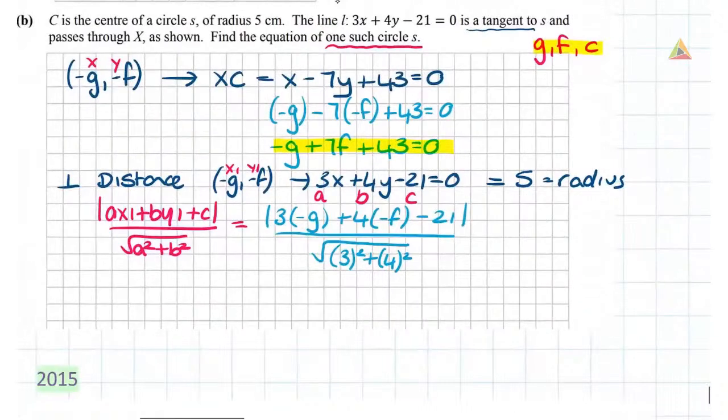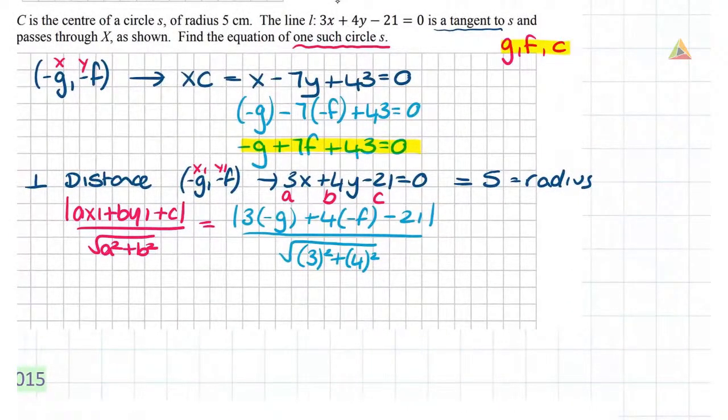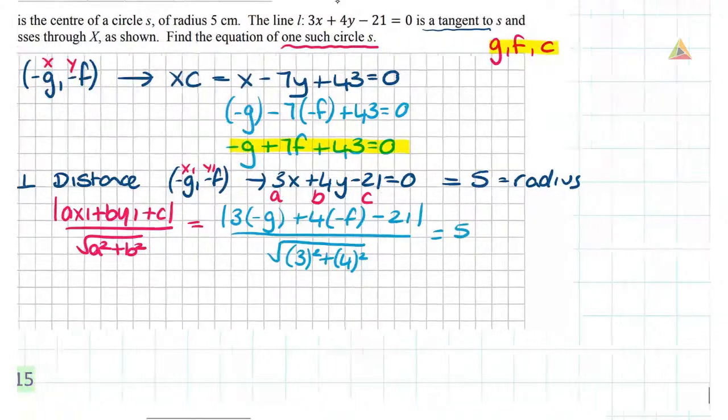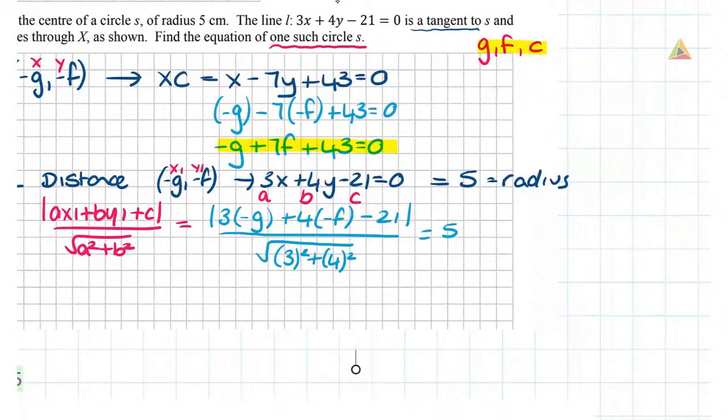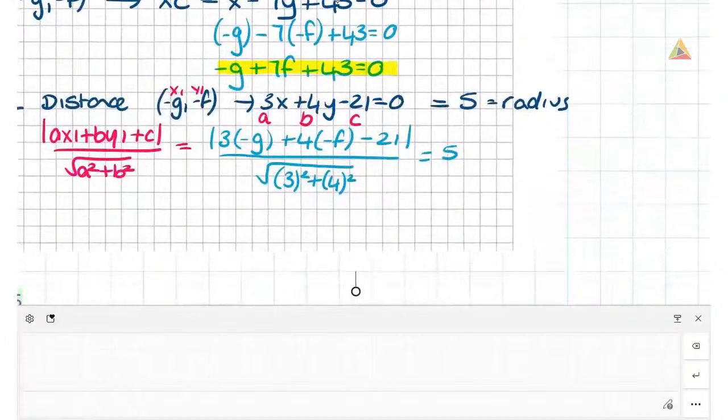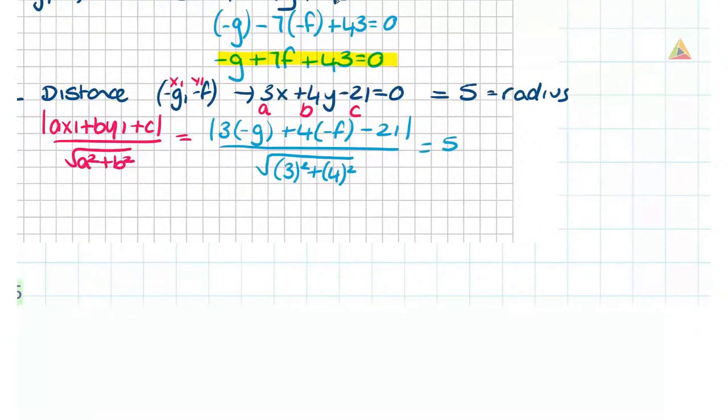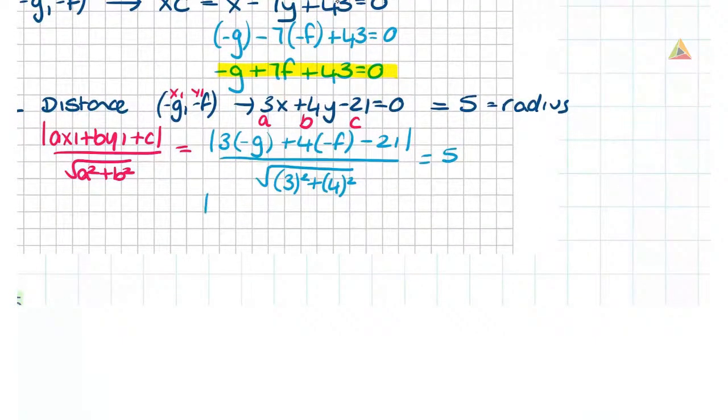And simplifying, we also know that the distance is definitely equal to 5. On the top line, we don't go dropping our absolute value signs, but we're getting minus 3g, minus 4f, minus 21, still in the absolute value signs.